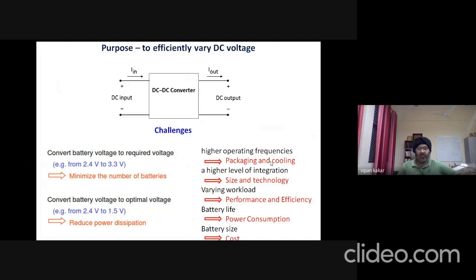And this circuit is called DC to DC converter. So by inserting this DC to DC converter as an intermediate between the input, which is battery, and the output, which is load, we can actually minimize the number of batteries. So with one single battery also, we can generate different DC output levels as per our requirement.